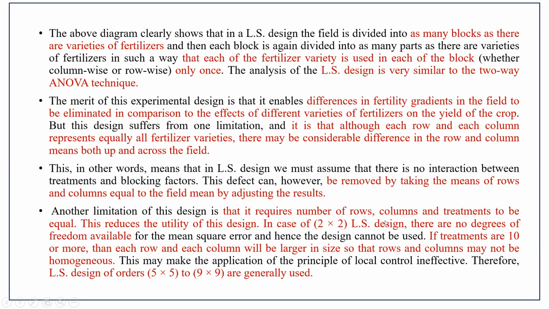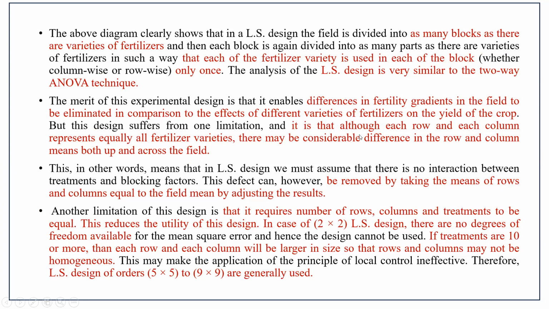So generally the LS design is very similar to the two-way ANOVA technique, and the differences in the fertility gradients in the field are eliminated in comparison to the effect of different varieties of fertilizers on the yield of the crop. And even the seed; this is the merit of this experimental design.